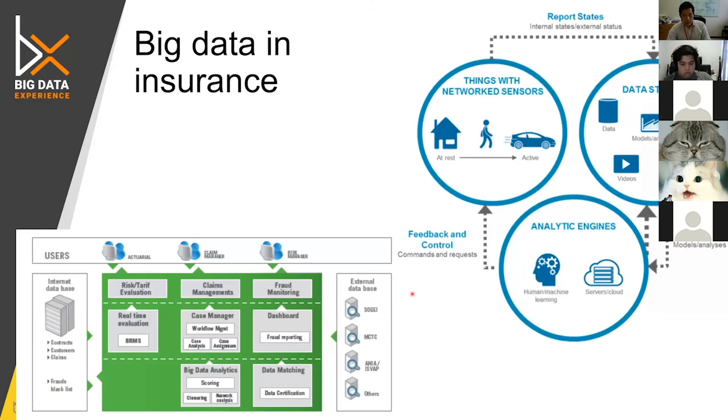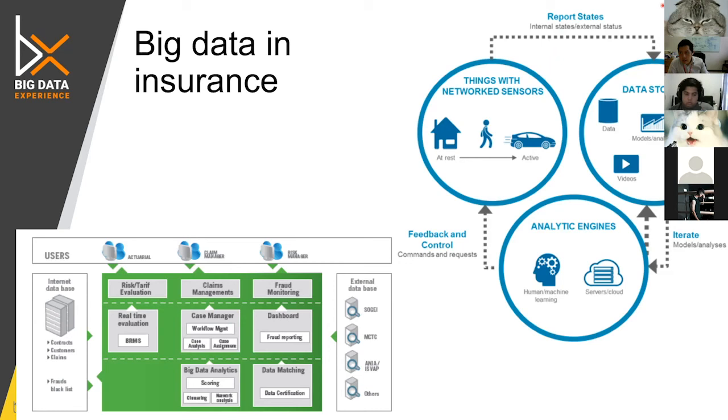Right, for insurance, the new type of insurance might rely on the use of devices, like Internet of Things, and this Internet of Things would provide sensor data to the data storage. Let me put it here. So it reports the state to the data store.